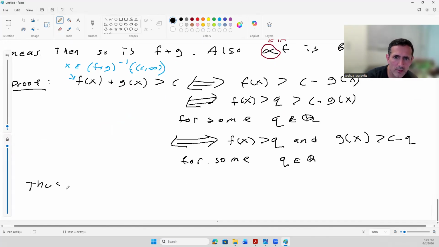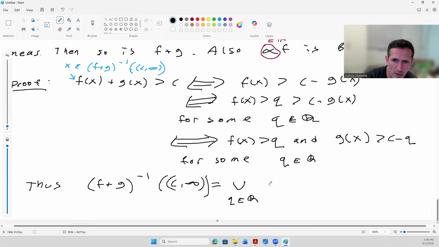So that means, if you think about it, as usual, this equals the union over q of this inverse image intersected with the inverse image of c minus q.